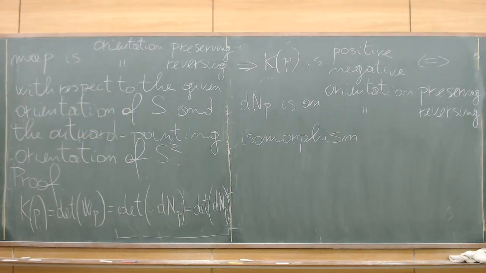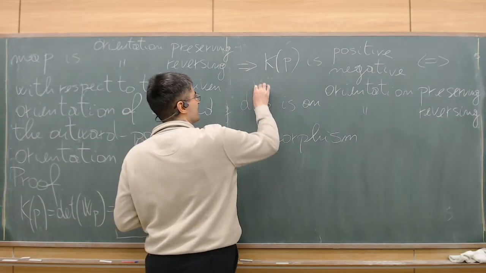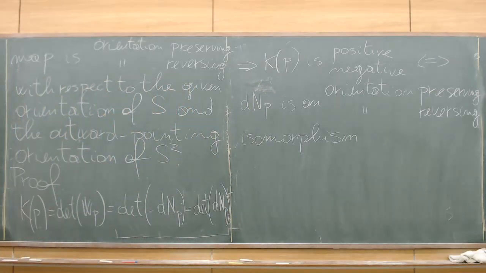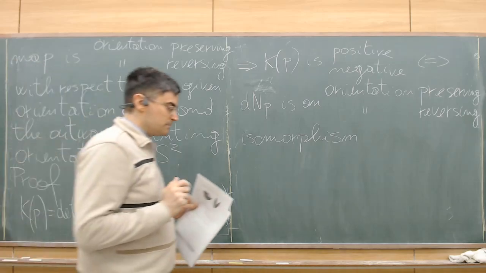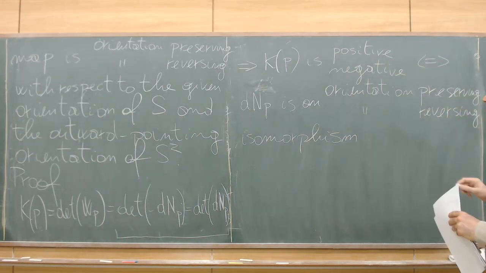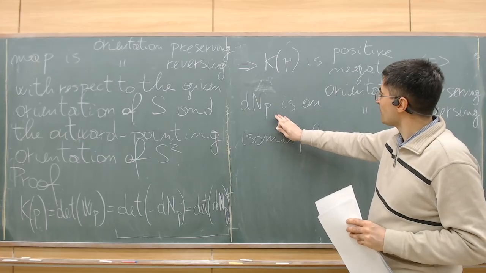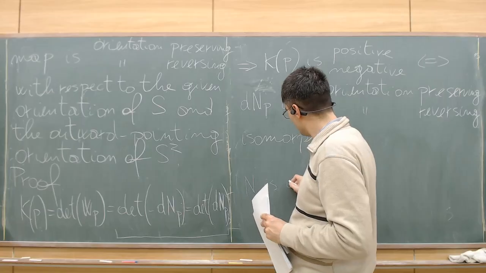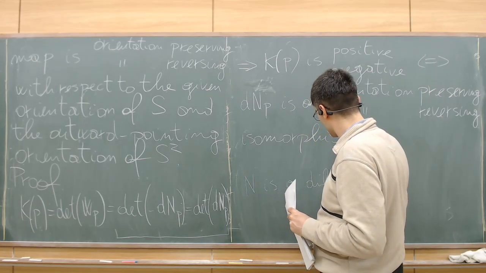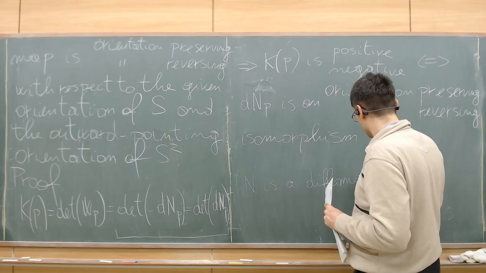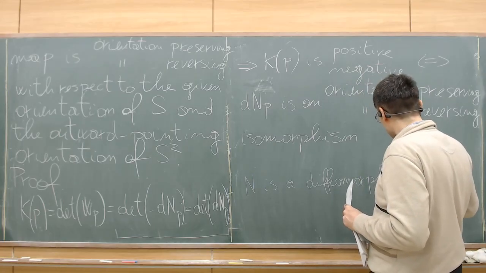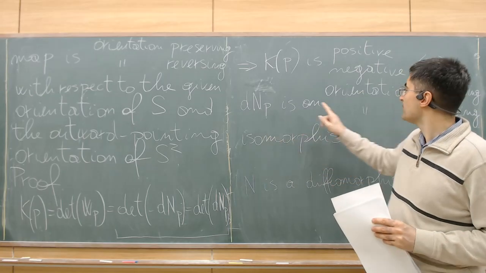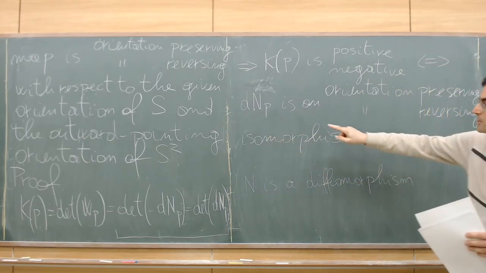I just copied what I wrote before. Instead of writing WP, I wrote DNP. Now, what is the problem we have? The problem is that we have to prove that N is a diffeomorphism. But here we have only that the differential of N is an isomorphism at P.